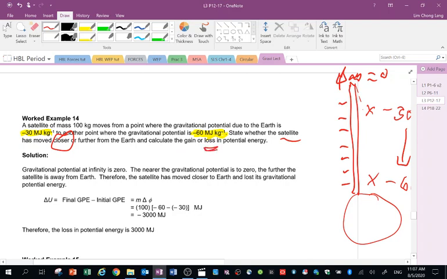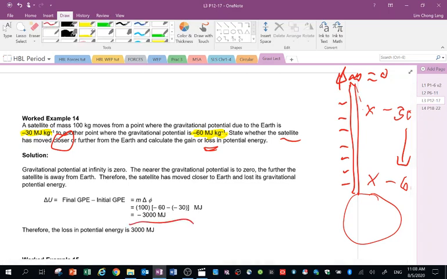If you take the final value, which is a smaller value, eventually you are able to get the loss. So what is important here is the formula. You must remember the formula. If you don't know this formula, then you cannot solve the change in GP.